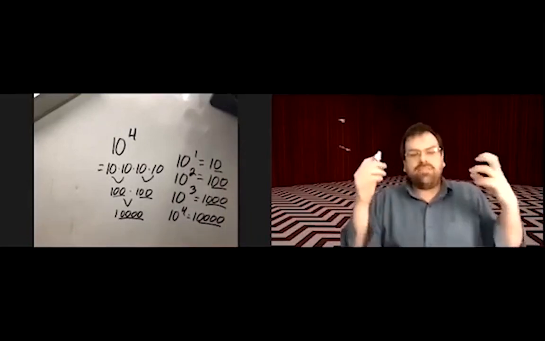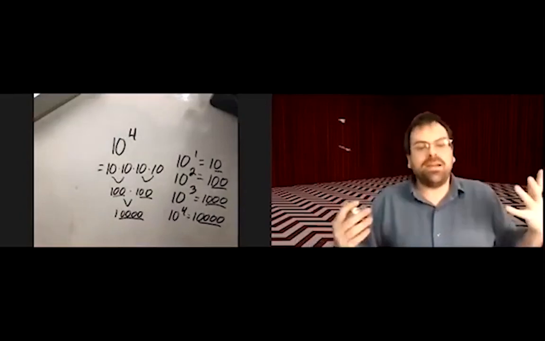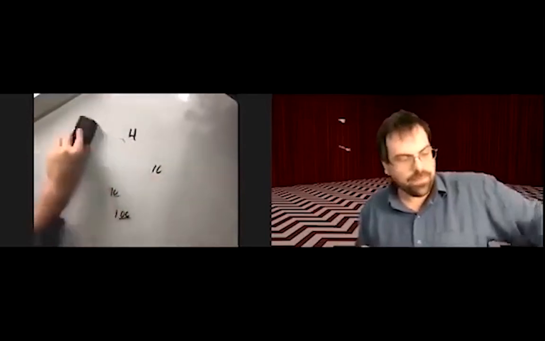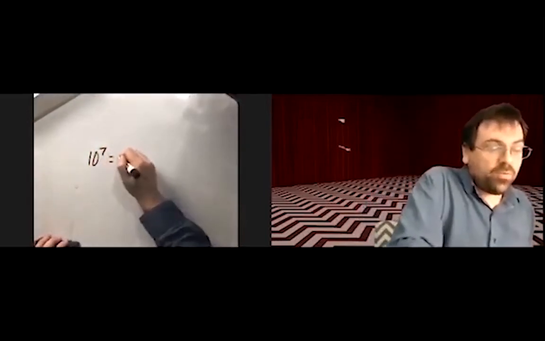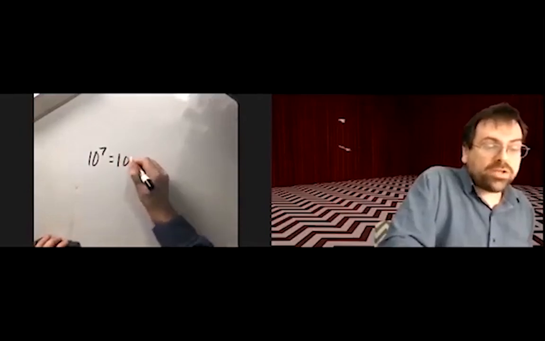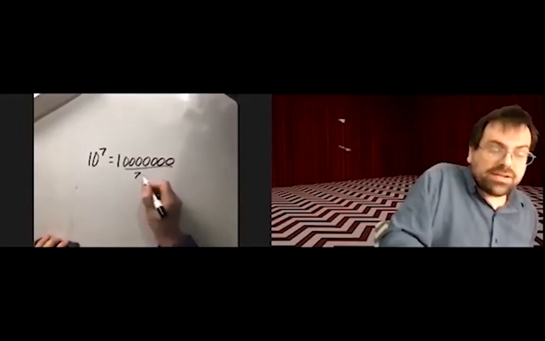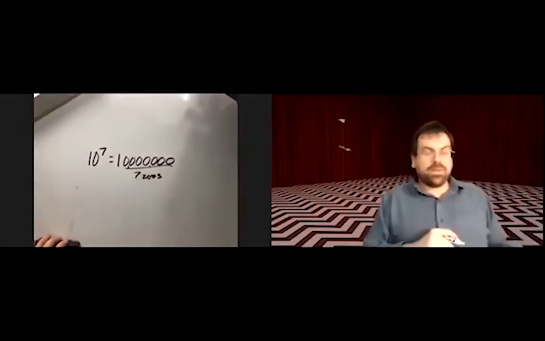So 10 is a very special base. The exponent just tells us how many zeros to put on there. So 10 to the seventh would be 1 with 1, 2, 3, 4, 5, 6, 7 zeros. 10 million.